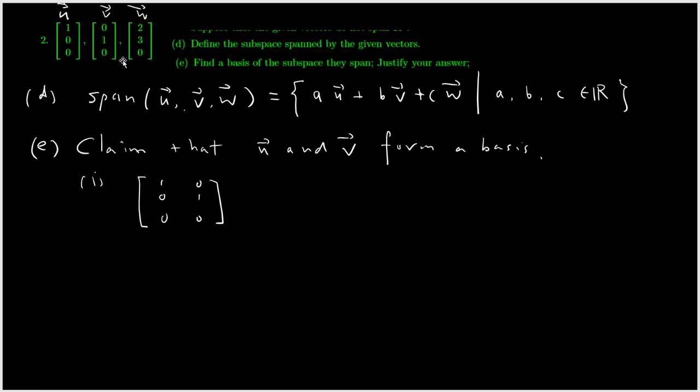It's already in RREF, row reduced echelon form. In general, you have to perform row operations to put the matrix into RREF. But this one is already in RREF. After seeing that, you say U and V are linearly independent.